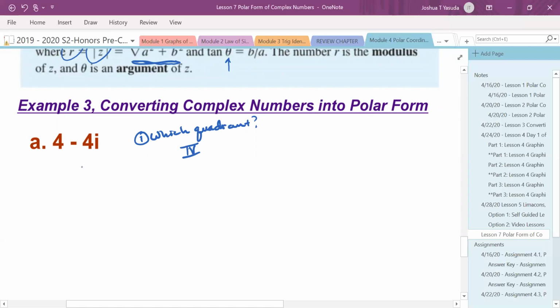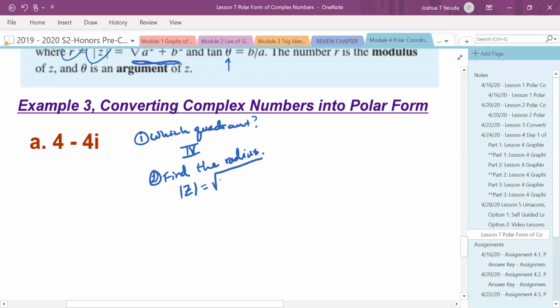Okay, so first thing we're going to do is find the modulus, so the radius. And to find the radius, you're just going to do the absolute value of z. If you want to think of it that way, or if you just want to think of it as r and not try to add any more to the brain space, then okay.